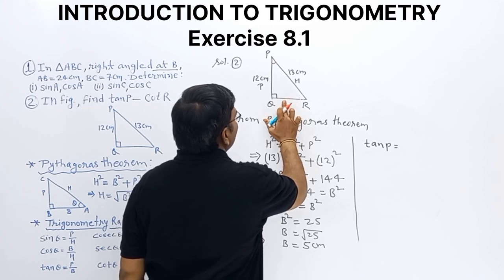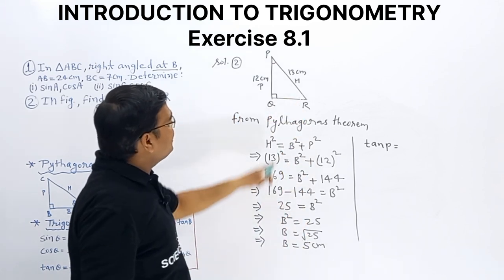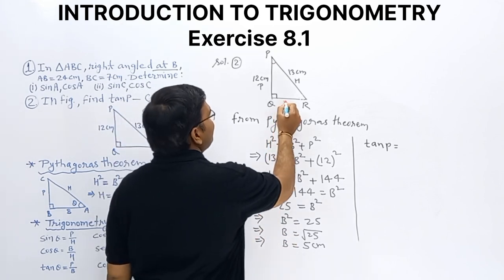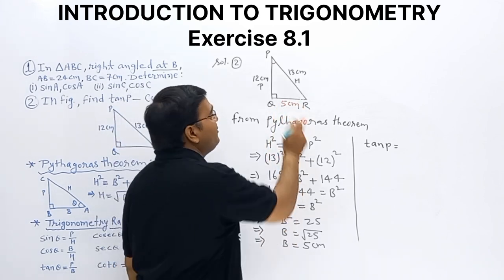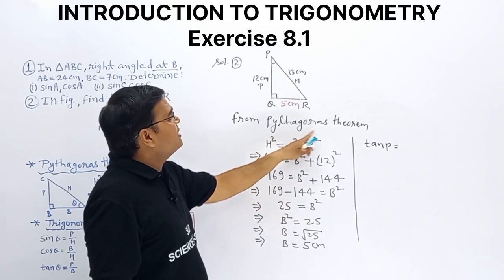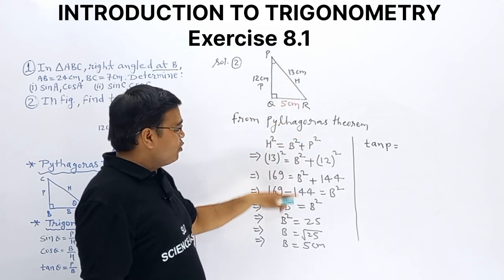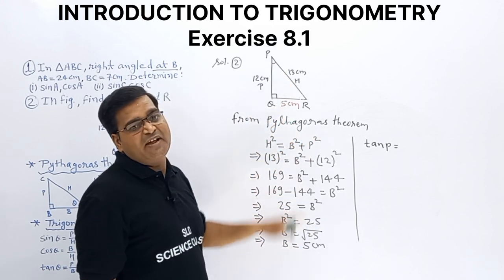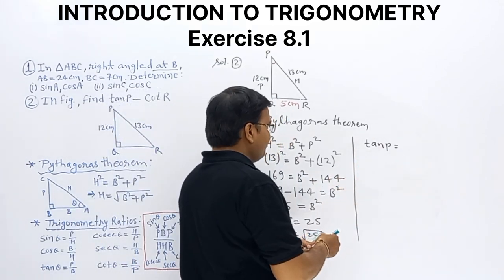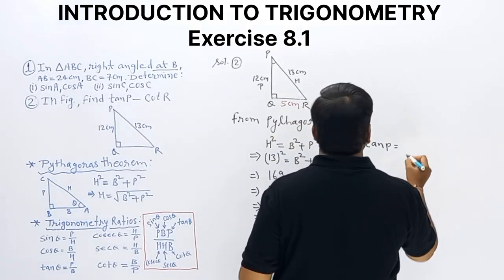So once we consider this, what is the value of this one? Once we solved it, we are getting 5 centimeter. In the question we have both, and by applying Pythagoras we got 5 centimeter. Now tangent P will be what? What is its ratio formula?